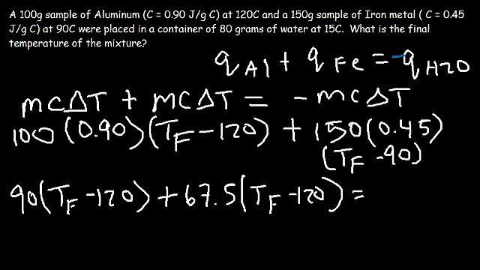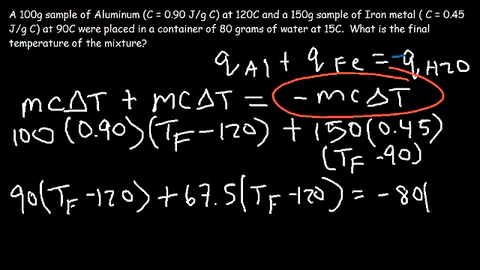So this is equal to the right side of the equation, negative mc delta T. So the mass of water is 80 grams. The heat capacity of water, that's 4.184 times the final temperature minus 15.